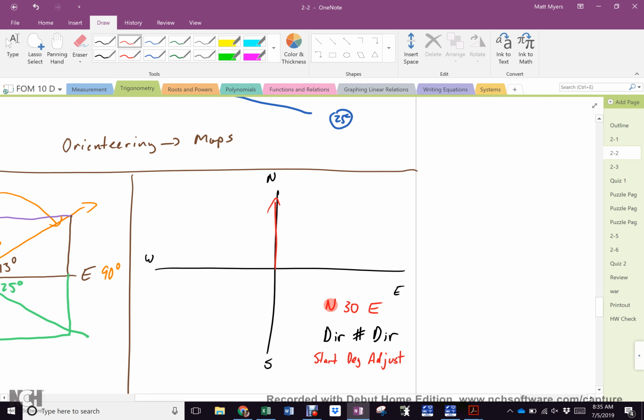But I'm not walking north, am I? I'm walking 30 degrees away from north in the easterly direction. So, here I am, standing right here. What direction will I walk? Up and to the right on this thing. Agreed? So, I will walk this way.